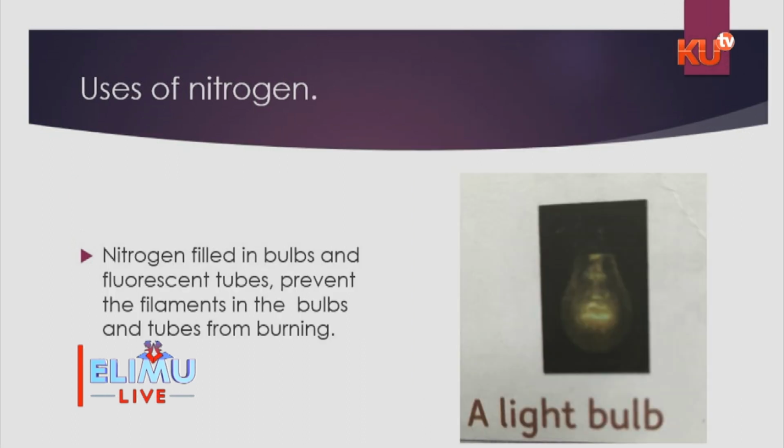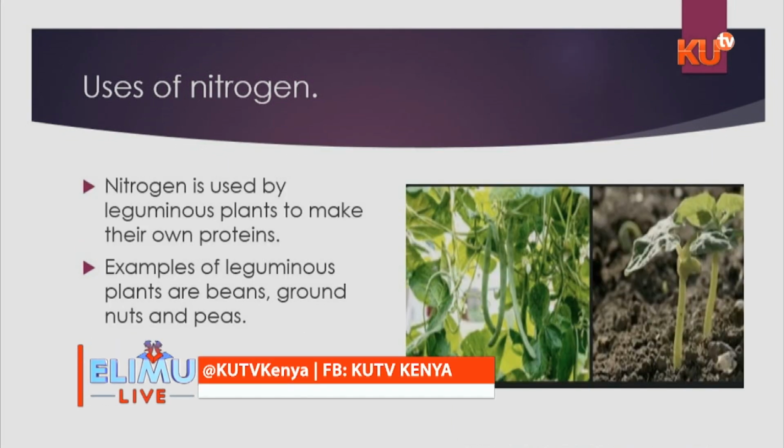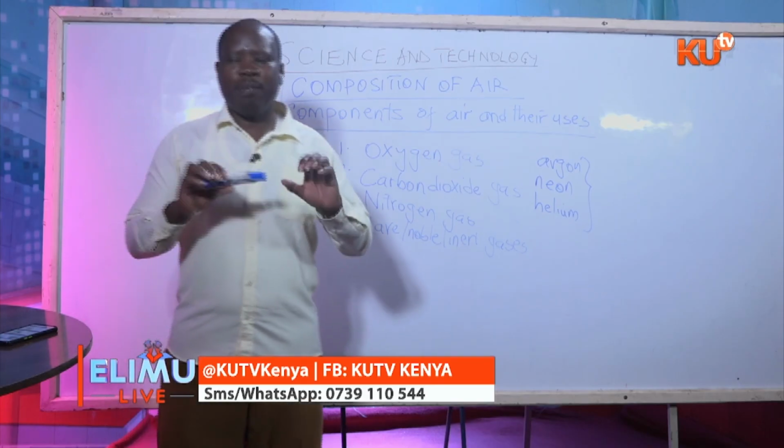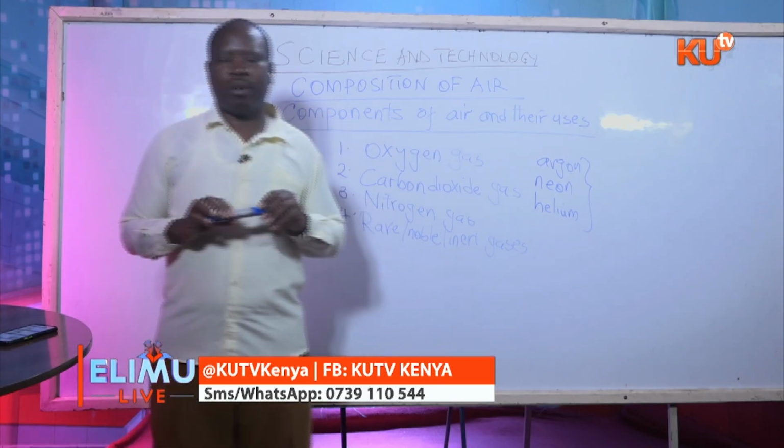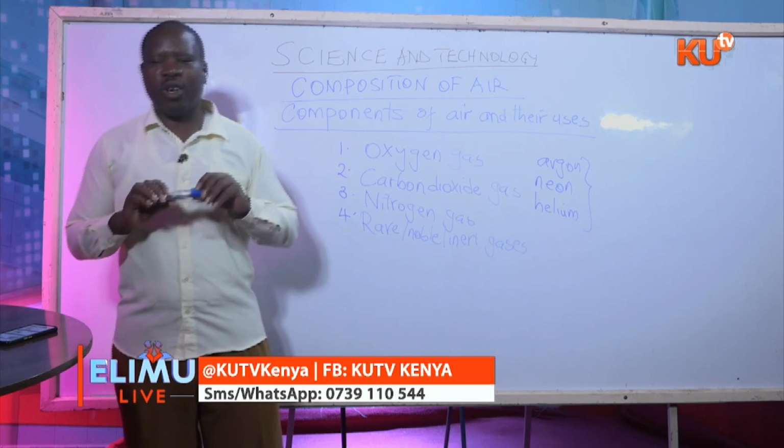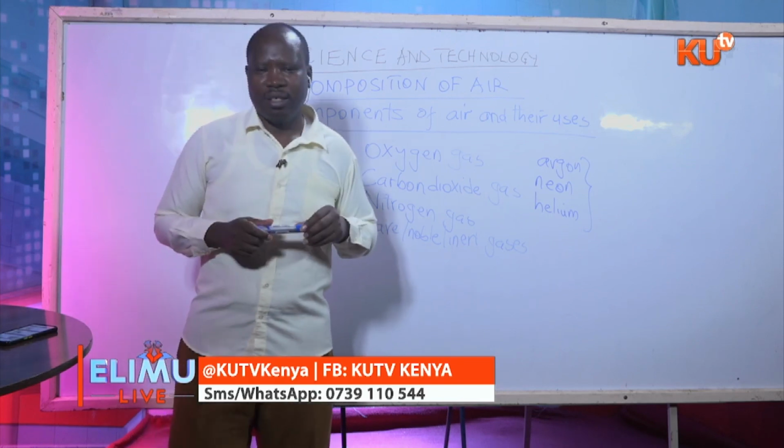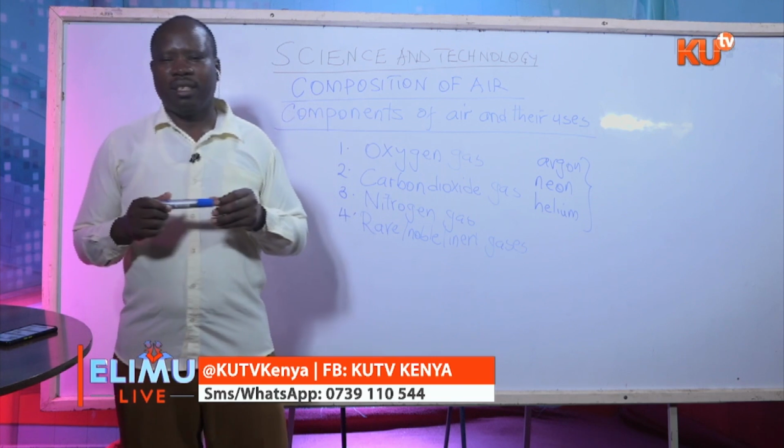These leguminous plants are plants that have some things called nodules. We can see on our screen a bean plant, an example of a legume or leguminous plant, and they contain nodules.